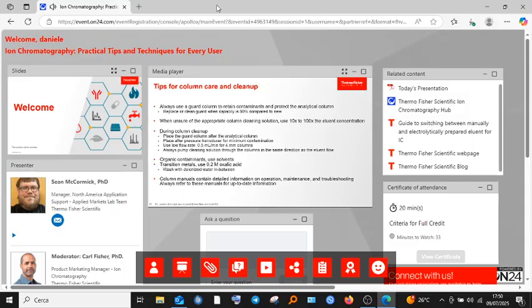Now, if you're ever interested in learning about cleaning your column, this information is available in the column manual. This has more information about operating, the maintenance, and troubleshooting, as well as the very vital cleanup information. This is available with your column and online.